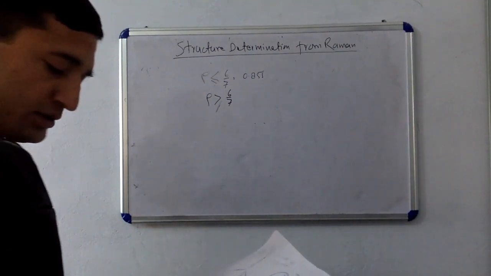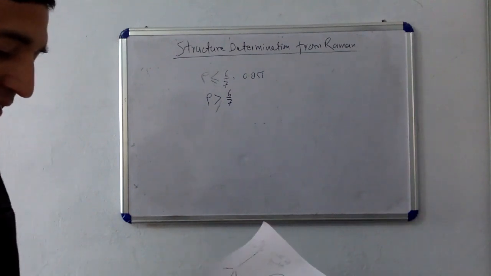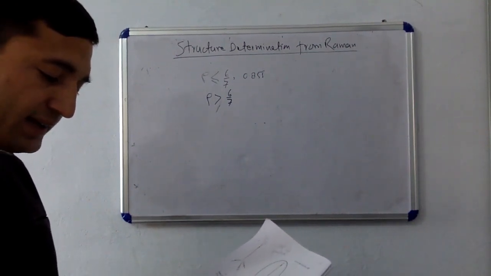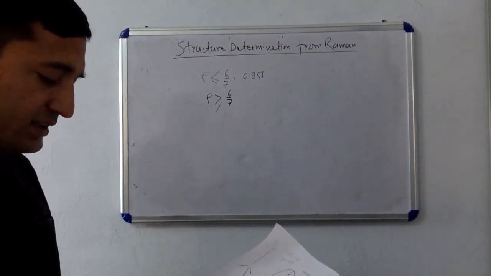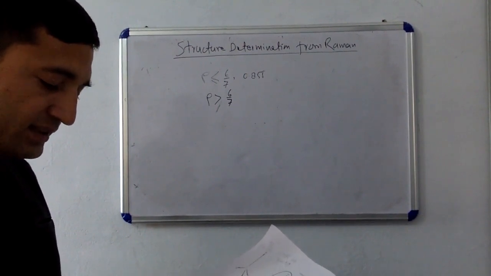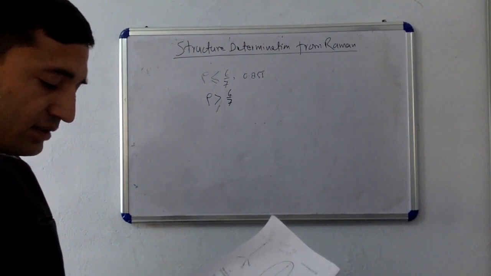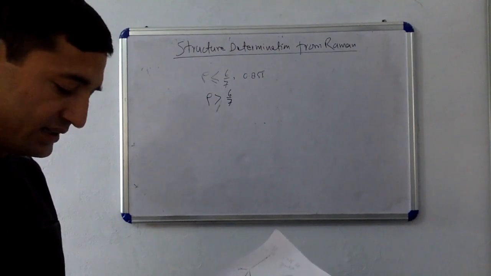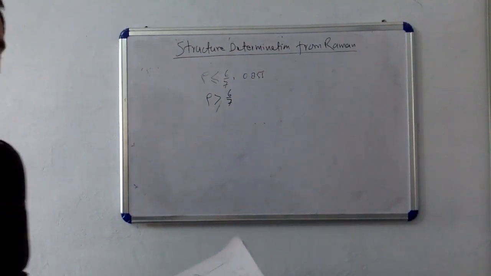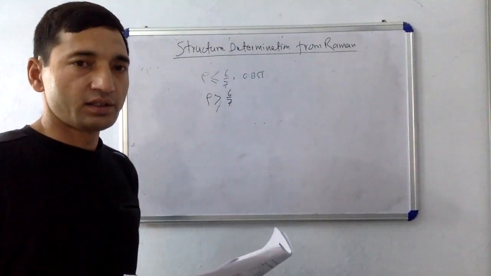Loosely speaking, with increasing molecular symmetry the degree of depolarization of the Raman line for a particular type of vibration becomes smaller.